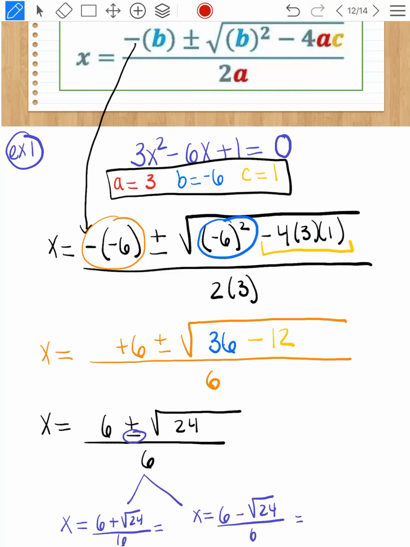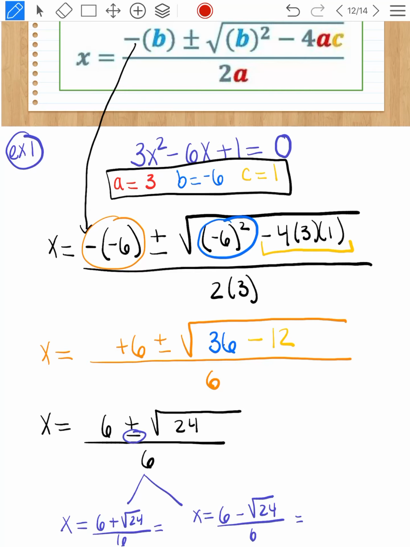Or if you prefer to get a decimal approximation, sorry, I'm going to grab my calculator. We can get a decimal and see what the values are. So I'm going to do in my calculator 6 plus the square root of 24.